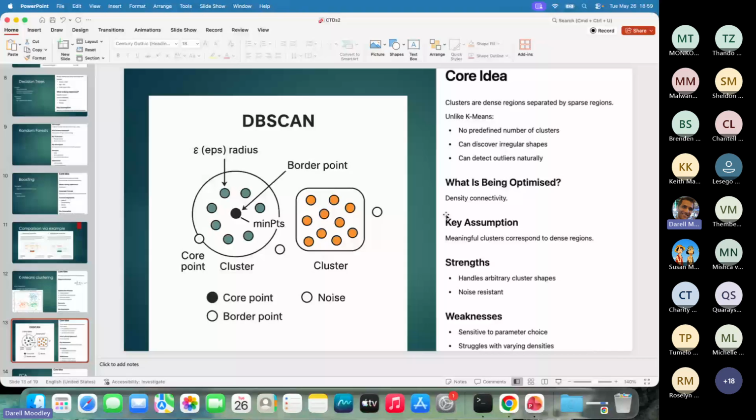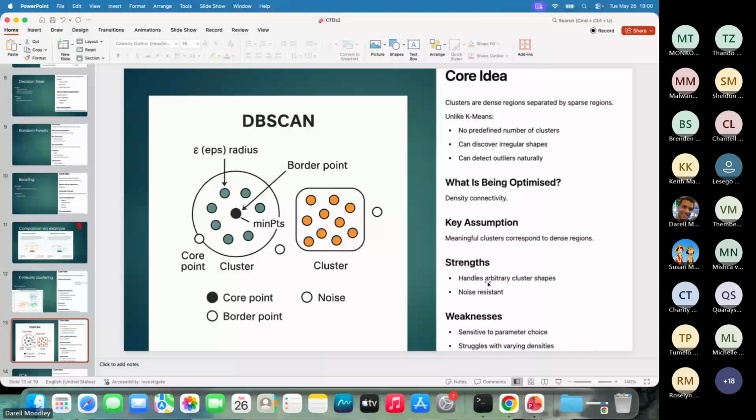And just like the name says, it's based on density, right? So it's the amount of points you have in a certain volume. If you have a lot of points in a particular volume versus a smaller number of points for that same volume, then the density is higher for the first one, right? So it clusters based on that, based on a large number of points in a small amount of volume.